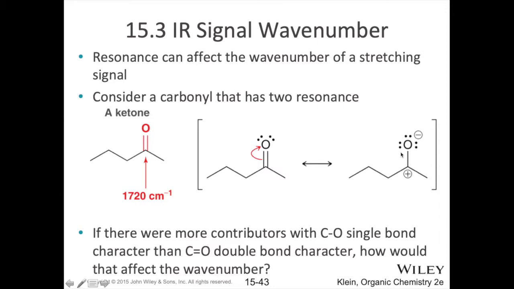So the more stable this resonance structure is, the lower your wave number for that carbonyl. If a carbonyl normally shows up at about 1720 wave numbers, and you get a peak at a number lower than that, that tells you that you have a resonance structure that gets stabilized with this partial single bond character.